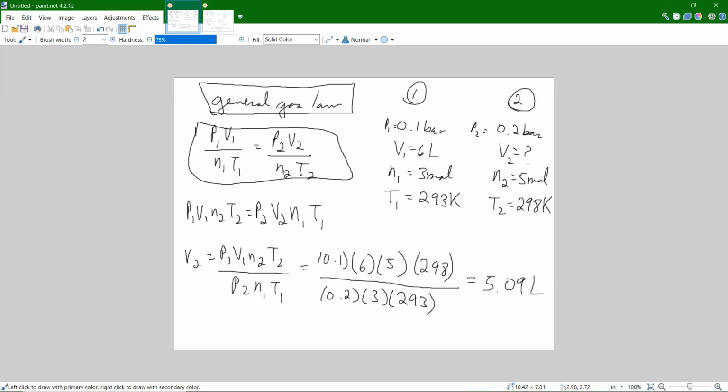P2 is equal to P1, N2 is equal to N1. That's what we mean by constant number of moles and constant pressure. If I have constant volume and constant number of moles, then I get Amonton's law, P1 over T1 equals P2 over T2. And Avogadro's law, V1 over N1 is V2 over N2, P1 equals P2, and T1 equals T2. So everything's bundled in this general gas law.